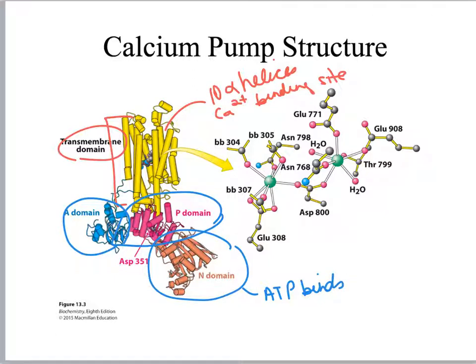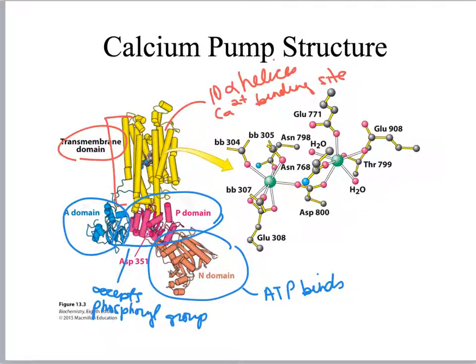Remember, these pumps have to have ATP coming in to allow this to function. And then the ATP is going to be hydrolyzed to produce ADP and inorganic phosphate. The P domain is what accepts that phosphoryl group when the ATP is hydrolyzed.